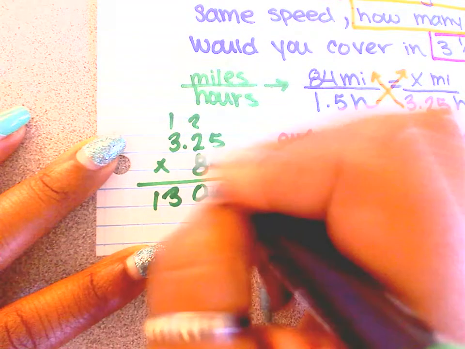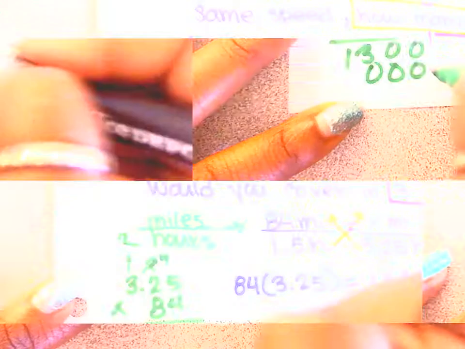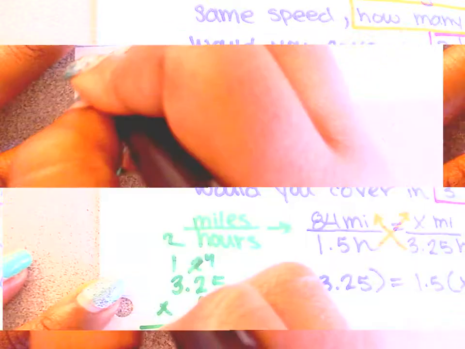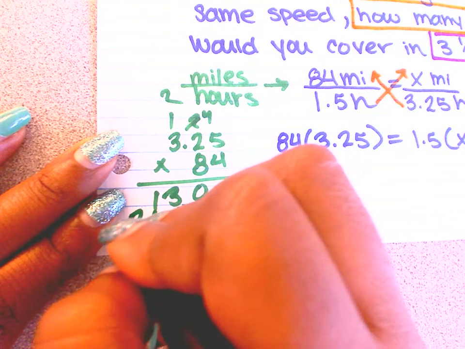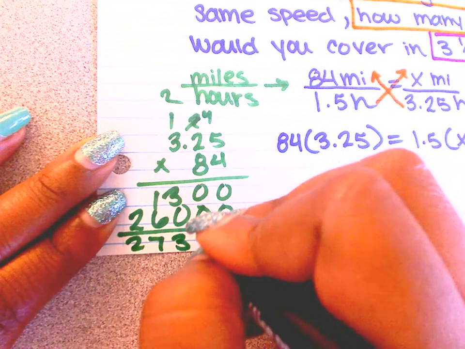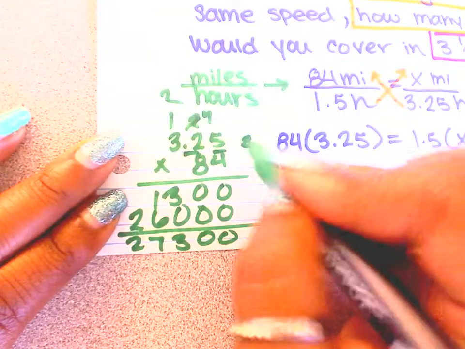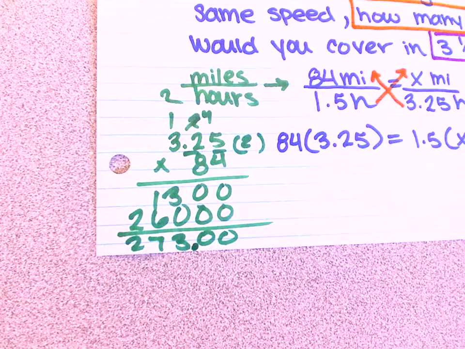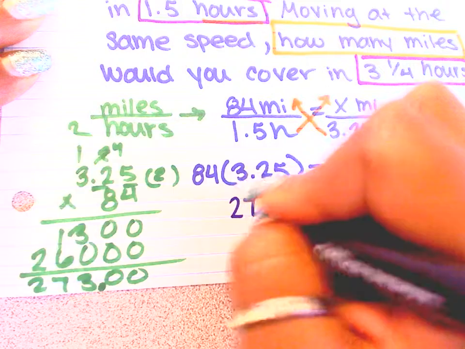Add the 0, I get 40, I get 20, and then I get 26. When I add them up, I end up with 273 and 2 zeros. I count my place values, I have 2, so the decimal goes right there. So 84 times 3.25 is 273.